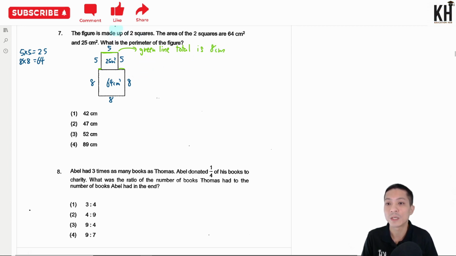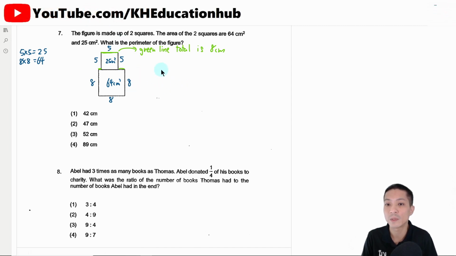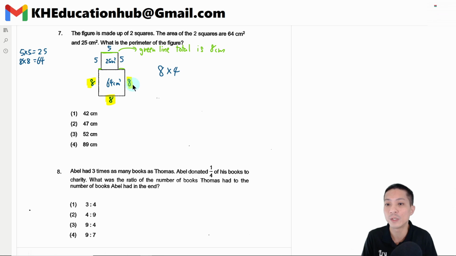So what you can do is there's gonna be 4 of them, 8 times 4, because it is gonna use the highlighted 1, 2, 3, and the 8 cm here is the 4th.